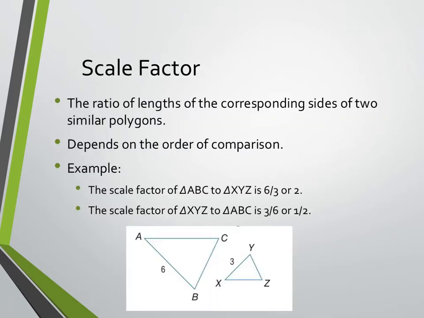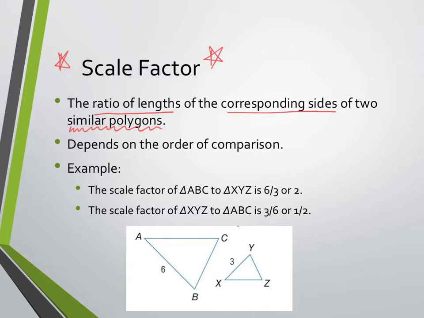Now in this chapter, scale factor is huge. Okay, stars, highlighters, arrows, scale factor is big. Make sure you understand this vocab word. Now the scale factor is the ratio of lengths between the corresponding sides of two similar polygons. If you remember from the other day, you'll remember me saying that a ratio compares two different numbers.